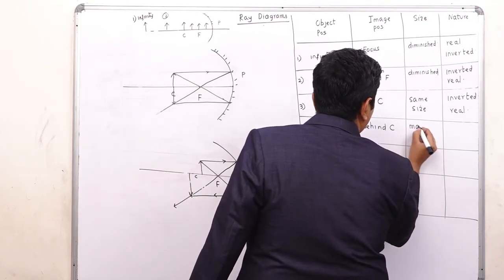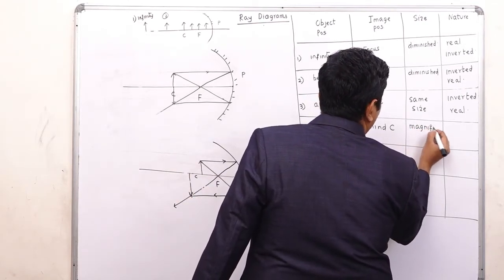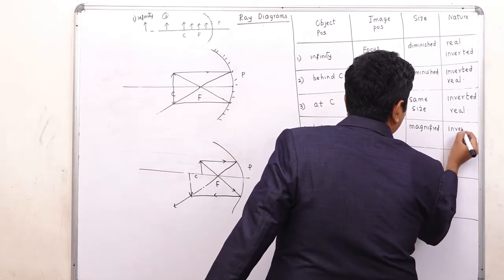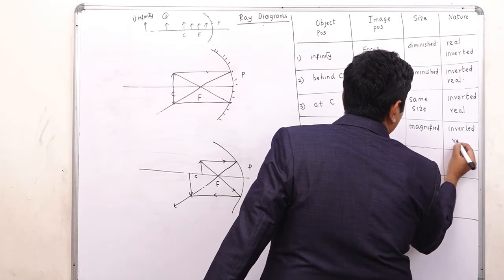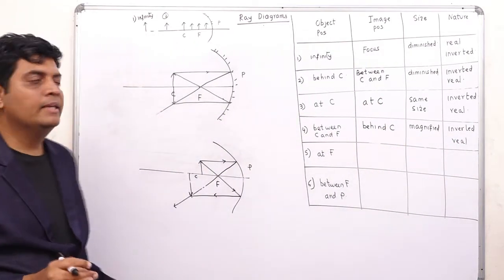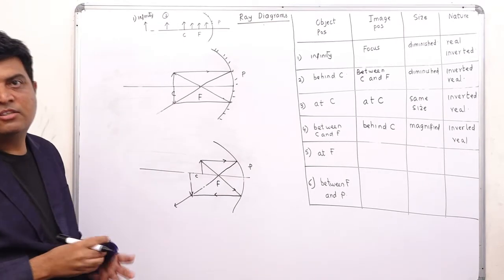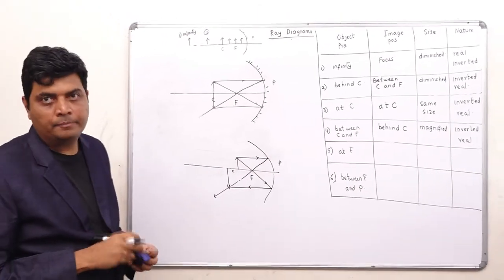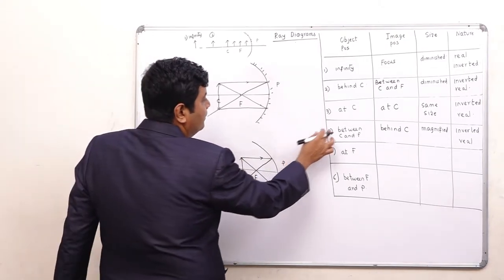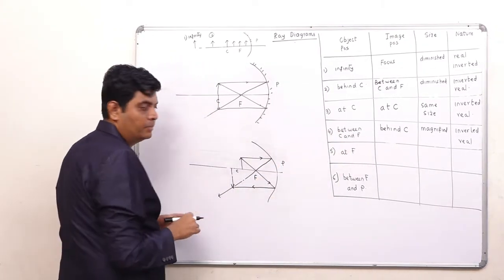If it is bigger, I will write it as magnified. But it is inverted. Because it is inverted, it will be real. Real images are always inverted and inverted images are always real. This we have to remember properly. So this is your ray diagram for the object between C and F.